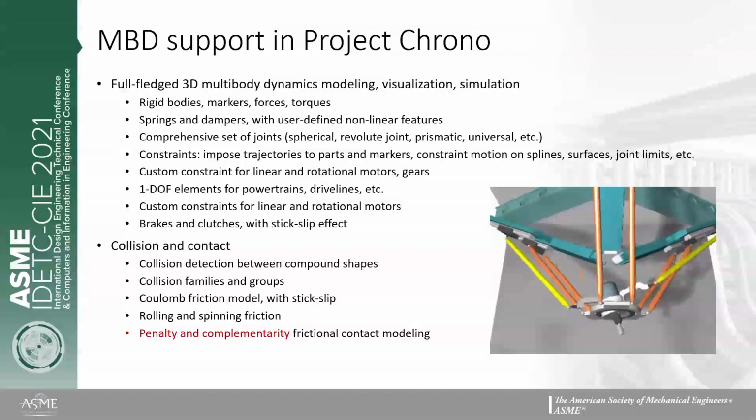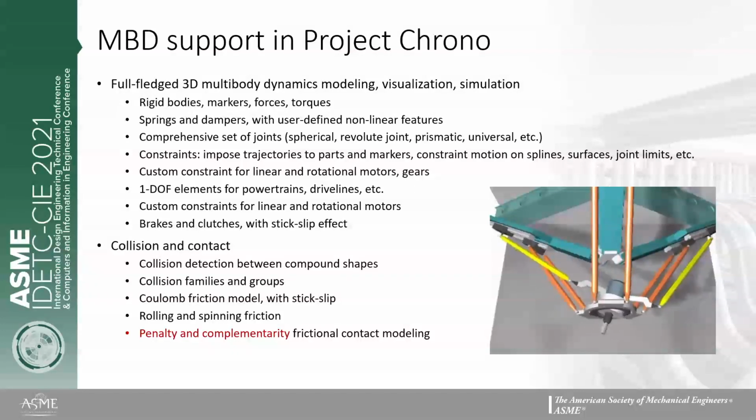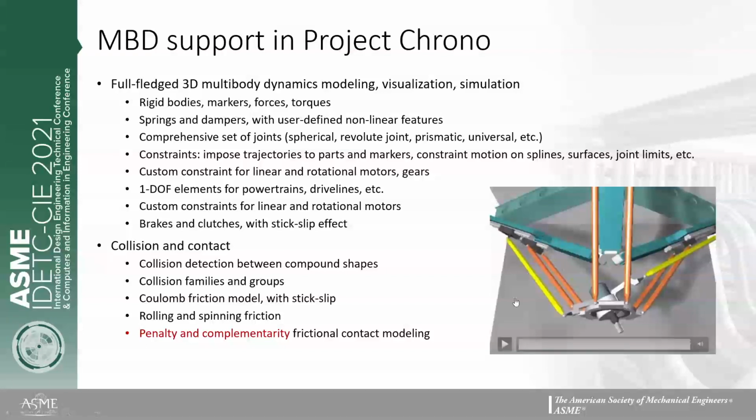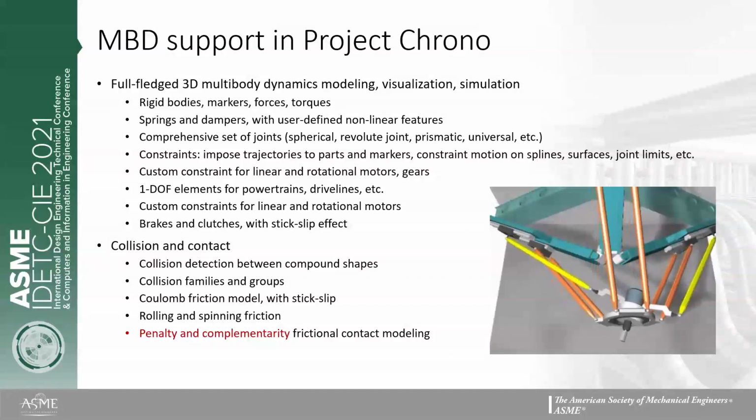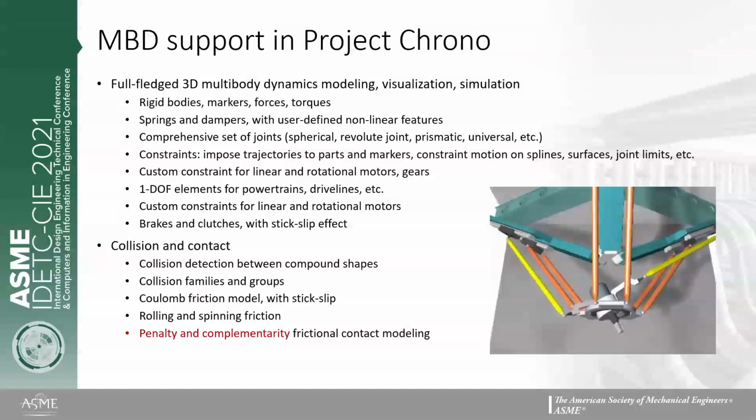We also benefit from the many-body dynamics simulation capability in Project Chrono. It supports the simulation of rigid bodies, which can be either meshed geometries or primitive geometries such as a box or a sphere. It also supports constraint modeling, which imposes trajectories between bodies.